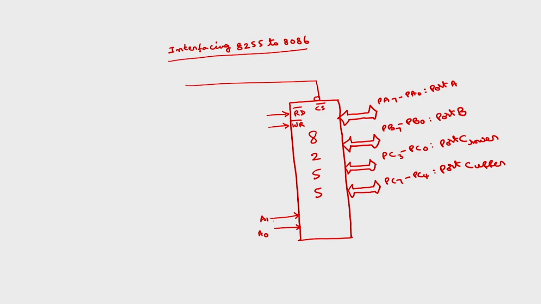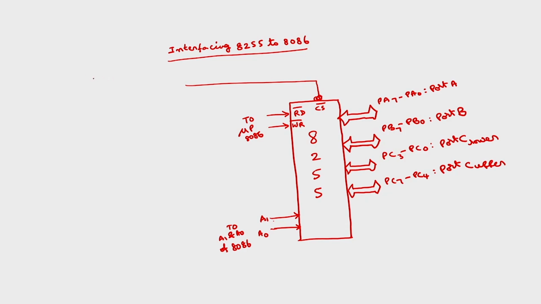Okay. So, here this port can be either an 8-bit port or 16-bit port. These two are connected to the corresponding read and write bars of microprocessor 8086. Reset also you have to connect. The only thing is how to generate this chip select signal for this 8255.